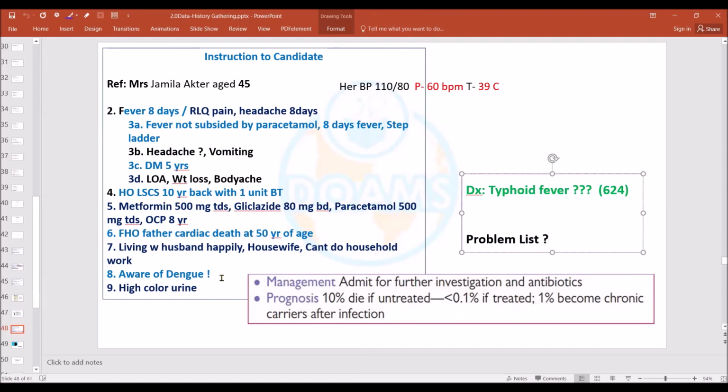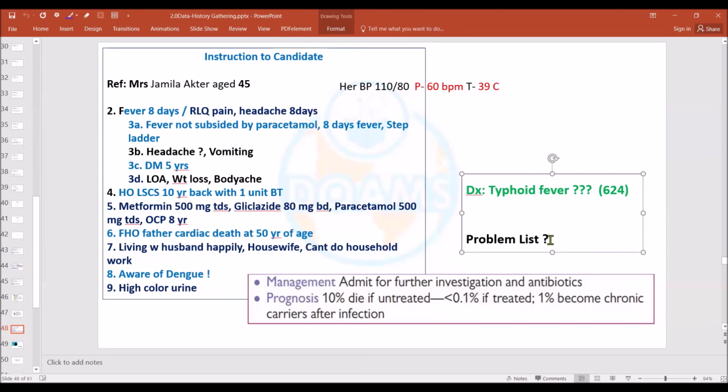Idea, concern, expectation, doctor. Always include in the management the idea, because the patient may have a wrong idea, right? You are thinking this is enteric fever, but the patient thinks this is dengue. So idea and concern are important in your problem list. Never forget it, doctor.